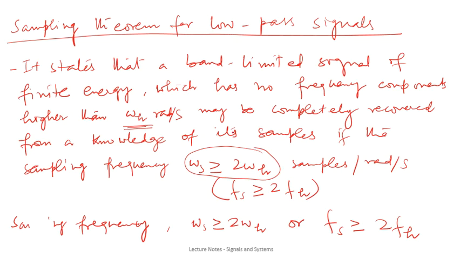That means that if there is a signal which is being sampled into a discrete time signal, then it is possible to recover the original signal from the discrete time signal, provided this condition is met.